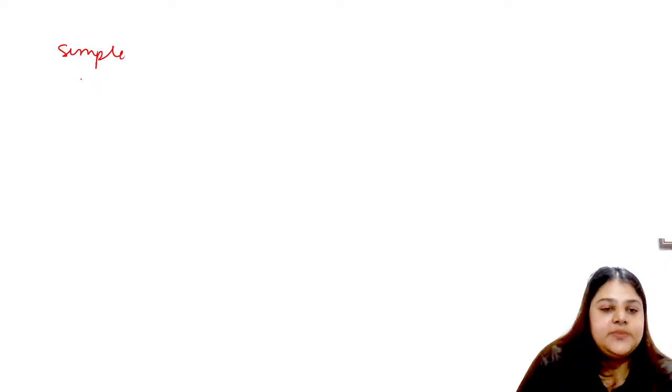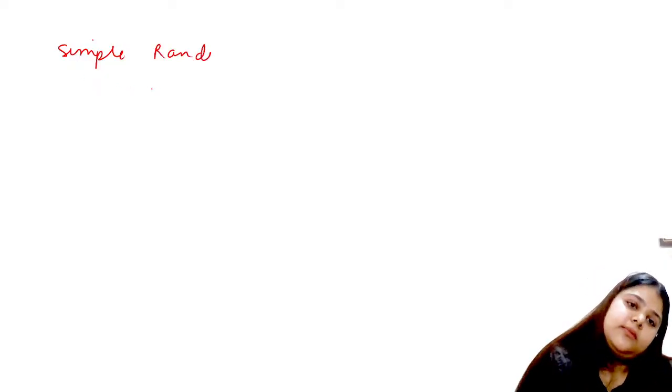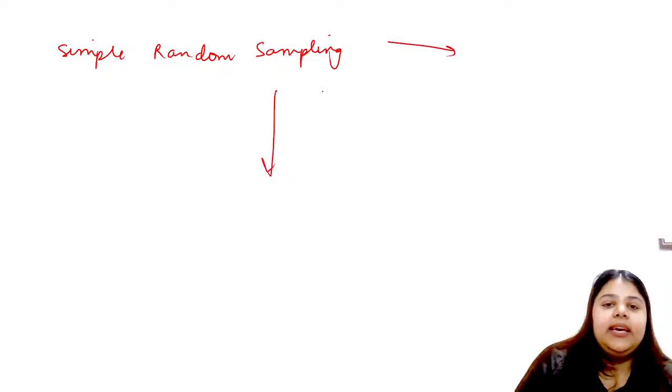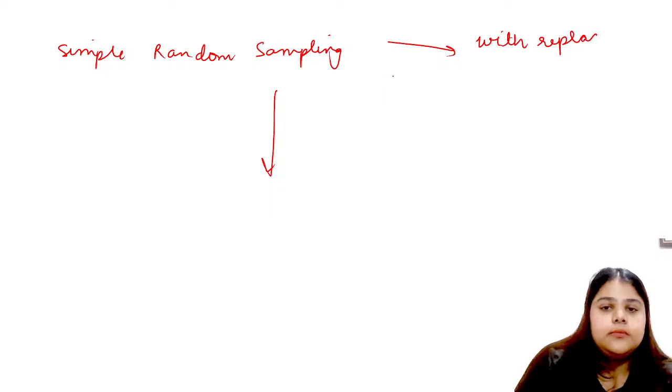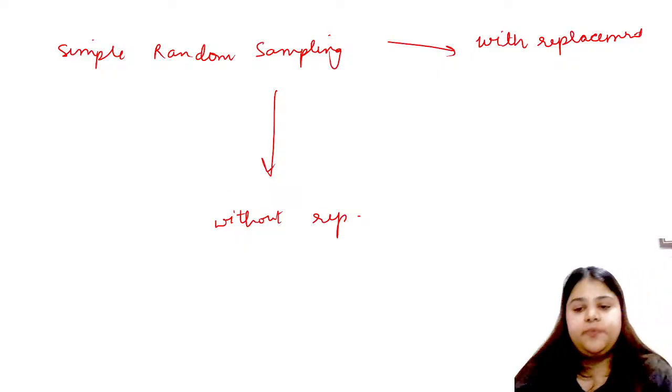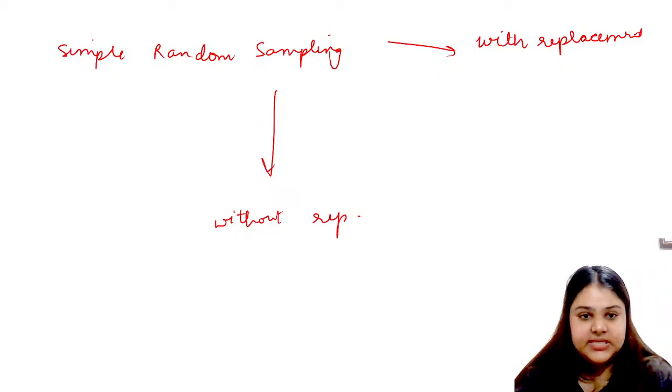So now this simple random sampling can be of two types. It can either be with replacement and without replacement. Now, how with replacement or without replacement?